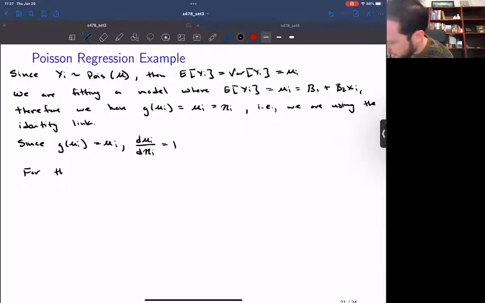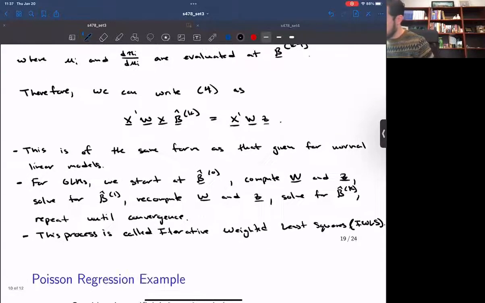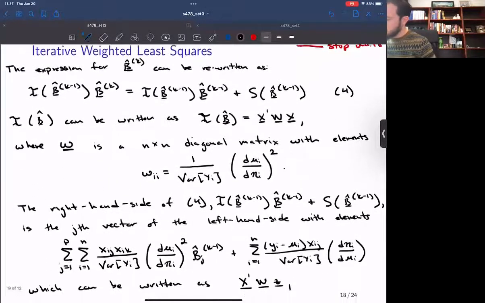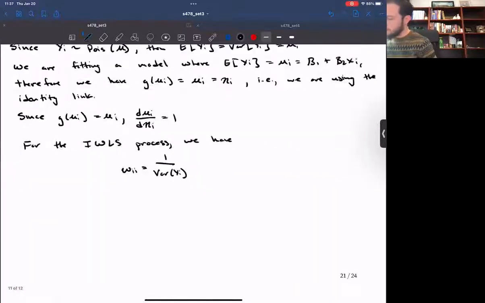For the IWLS process, we have w_ii equal to 1 divided by the variance of y_i, times d mu_i by d eta_i, squared.